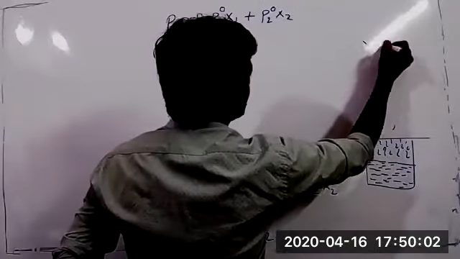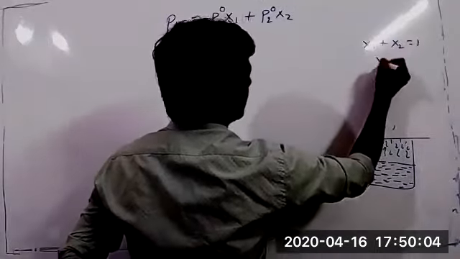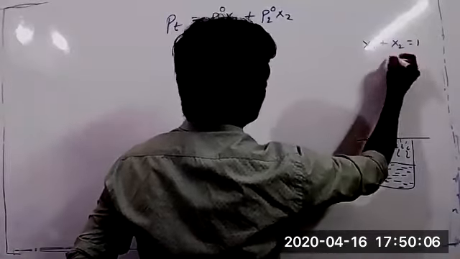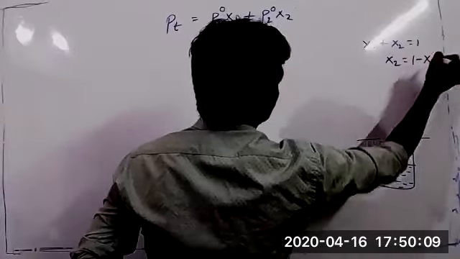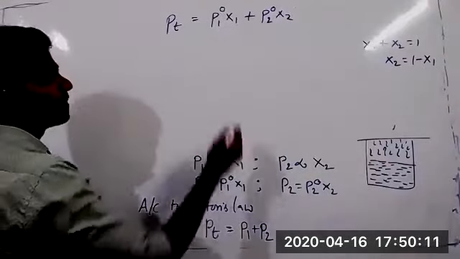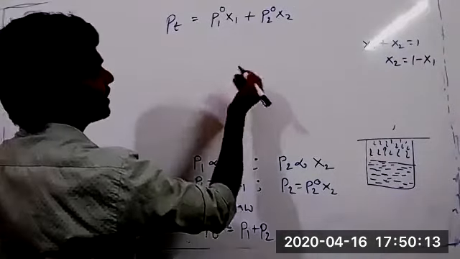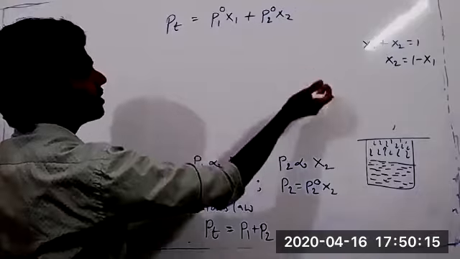We know x1 plus x2 is equal to 1. So x2 is equal to 1 minus x1.